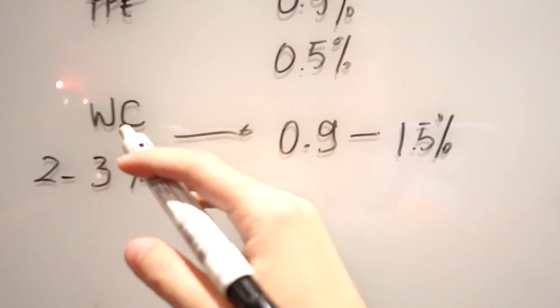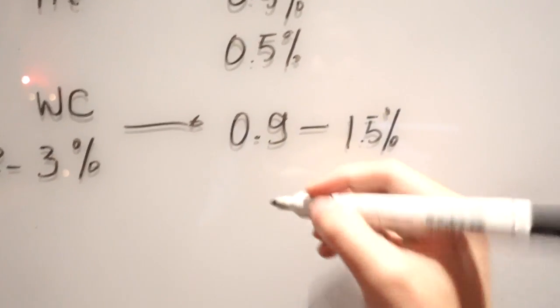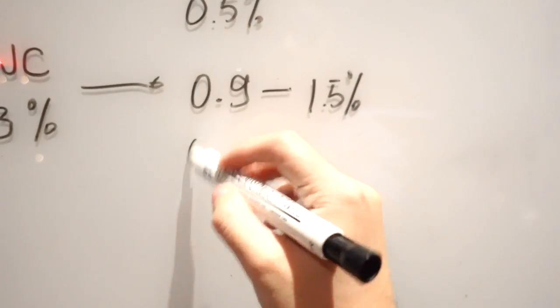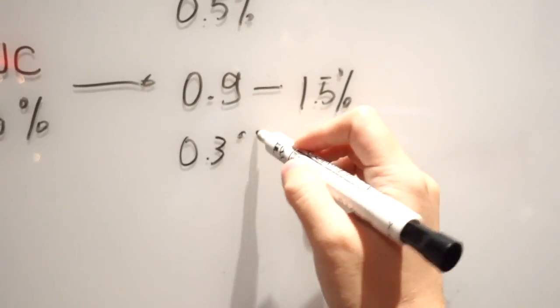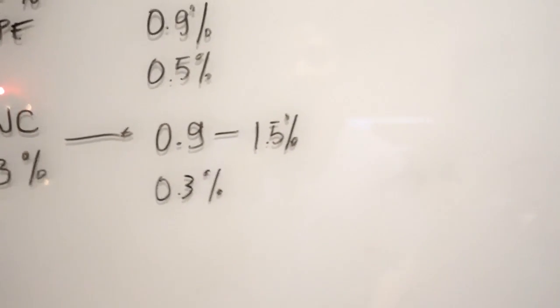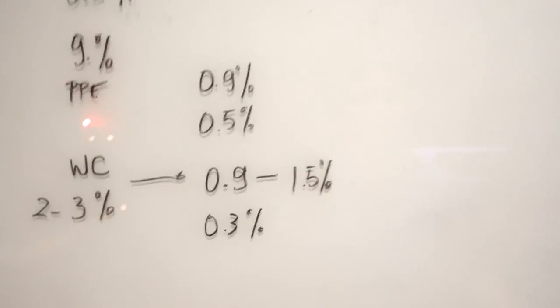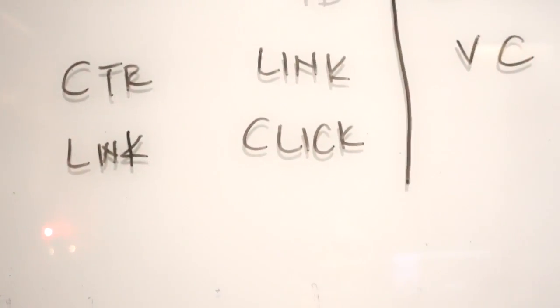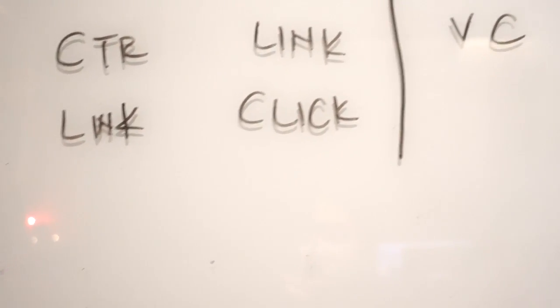If you use website conversion and your link click is below this, for example 0.3%, it means your creative is not accepted, basically your ad is bad. And then the link click is just the total clicks on the link in your ads.